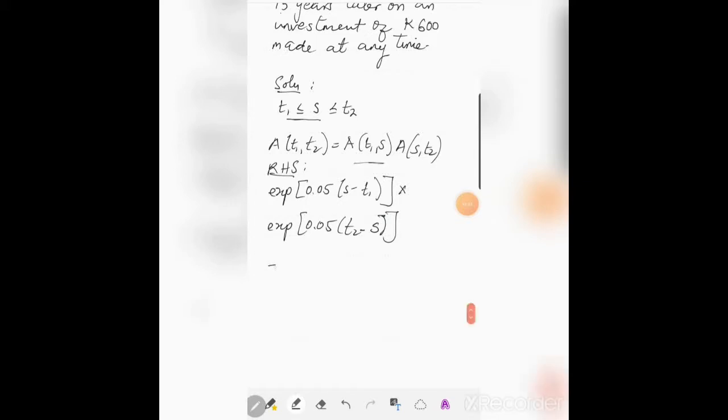So let's put these together. If we simplify the right hand side, what's common? The exponent, then open bracket, 0.05 is common, then (t2 minus t1).